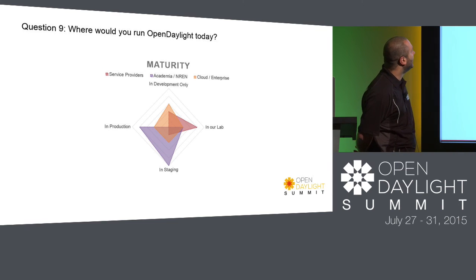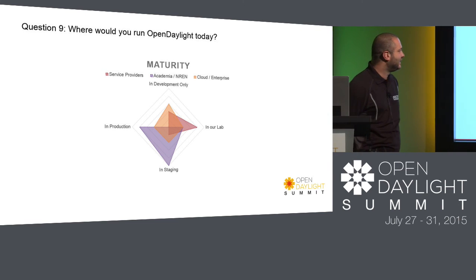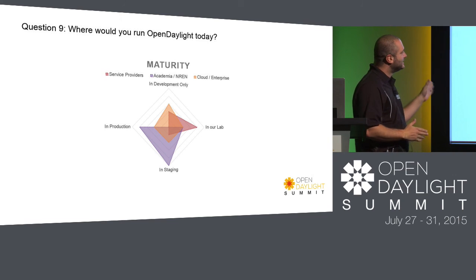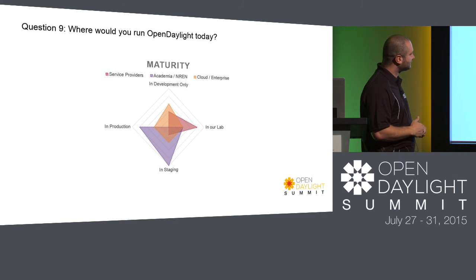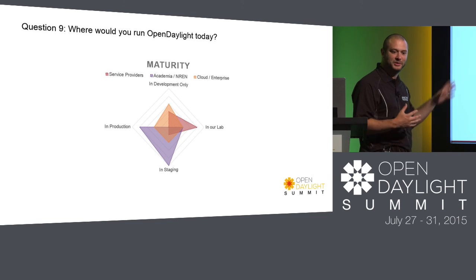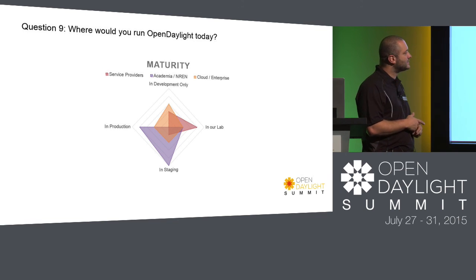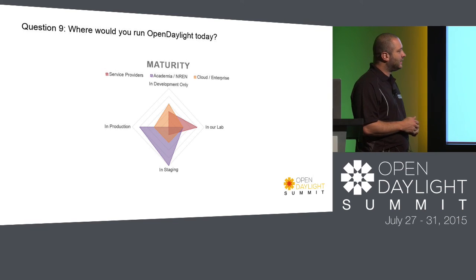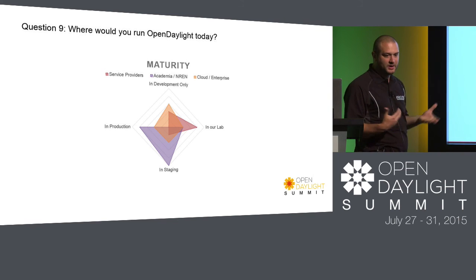Where would you run OpenDaylight today? That is the question. And remember, that was done in December. Actually, we had a couple of people crazy enough to run it in production, with, of course, a huge safety net. But OpenDaylight was running in production and then in staging environments, of course. But that was academia or NRENs, right?